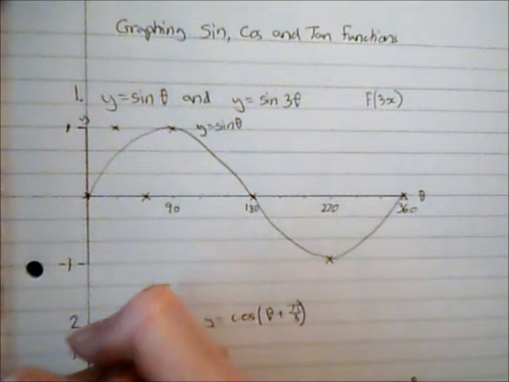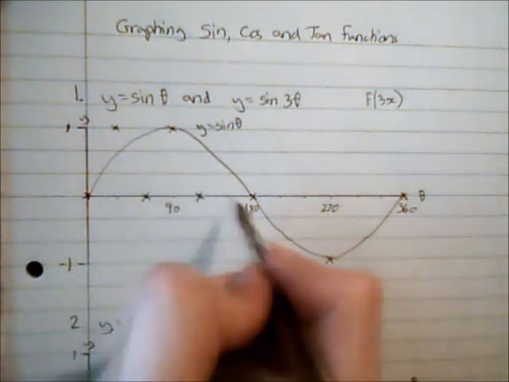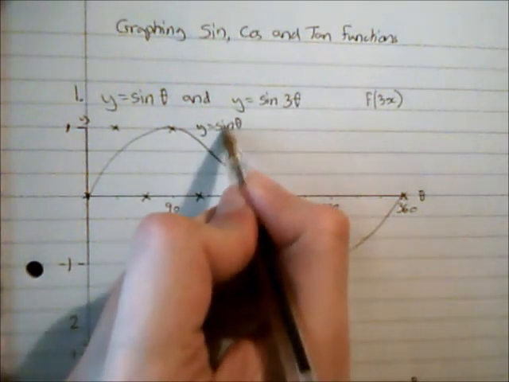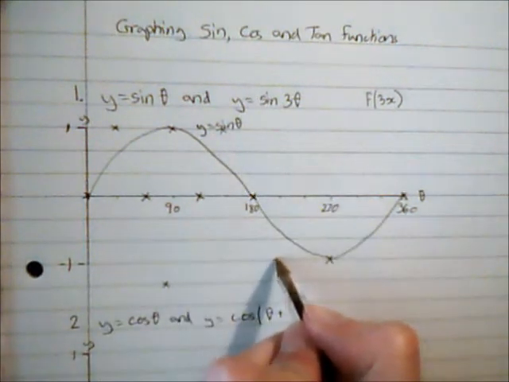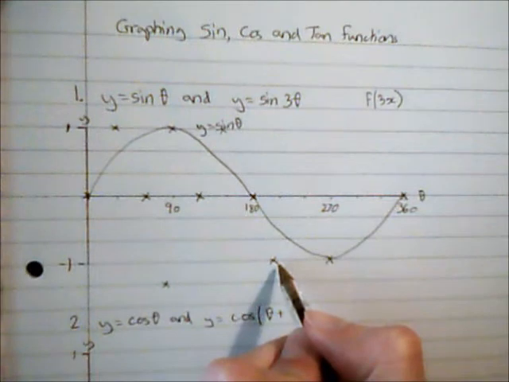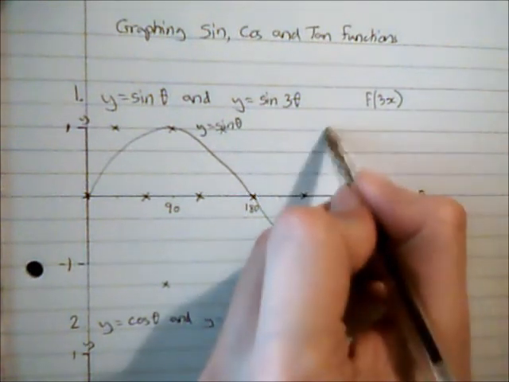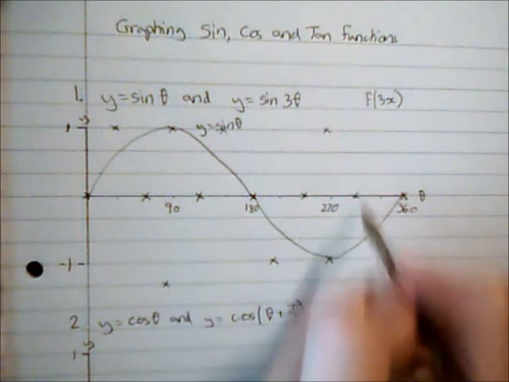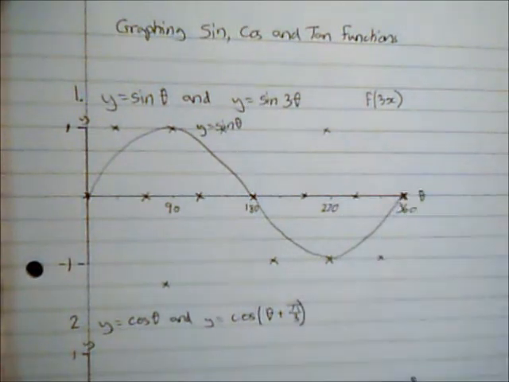It's going to have a trough at 90. It's going to cross at 120. It's going to have another peak up here. It's going to cross at 180. And it's going to continue there, and there, and there.